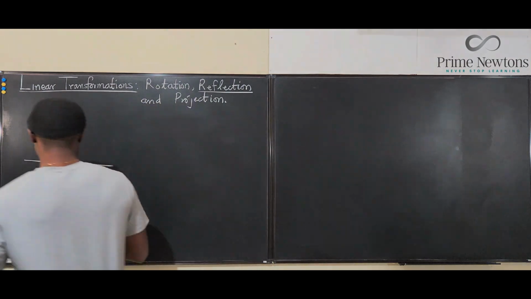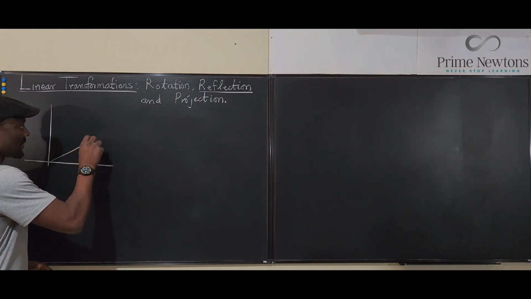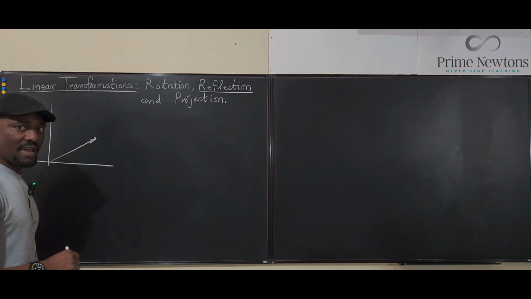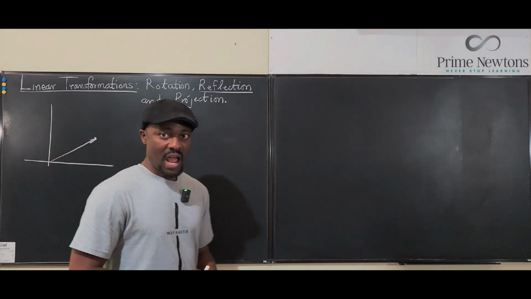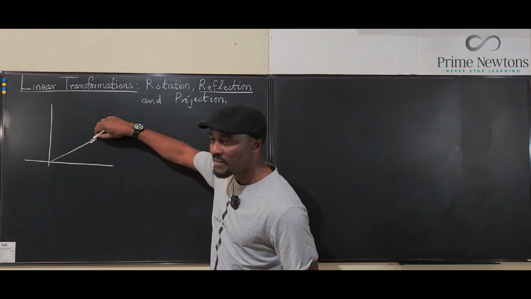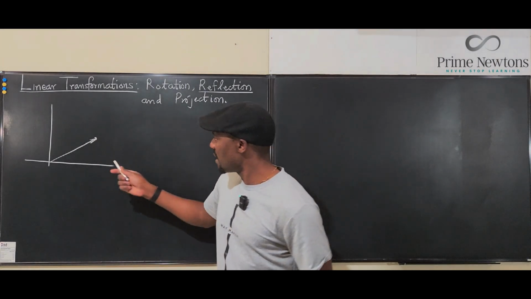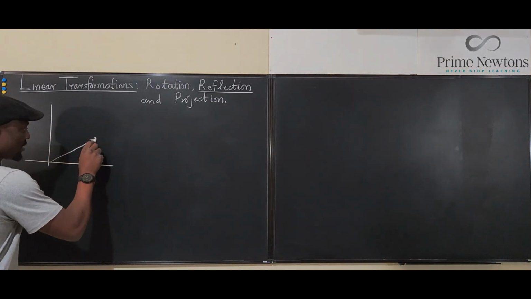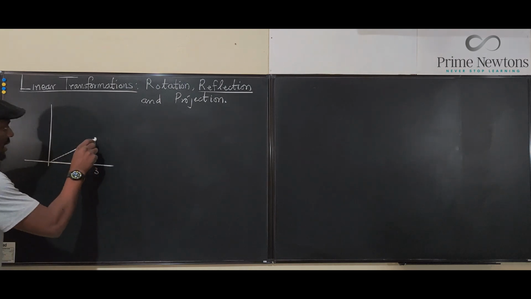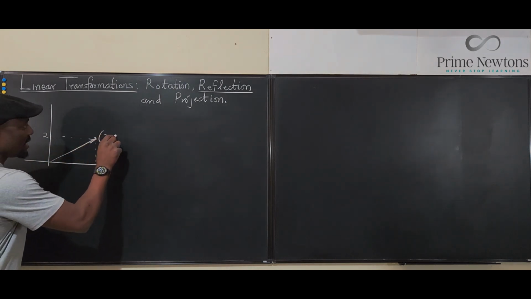If this is a vector, this is the end of the vector. If I was just doing basic graphing, I would say, let this point be 3, let this be 2. So I define this point as 3, 2.